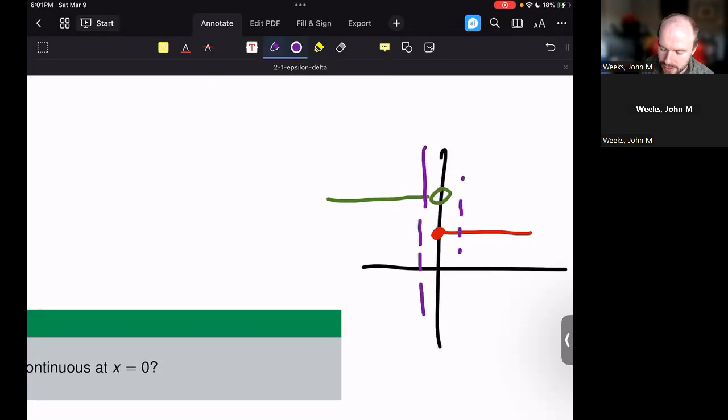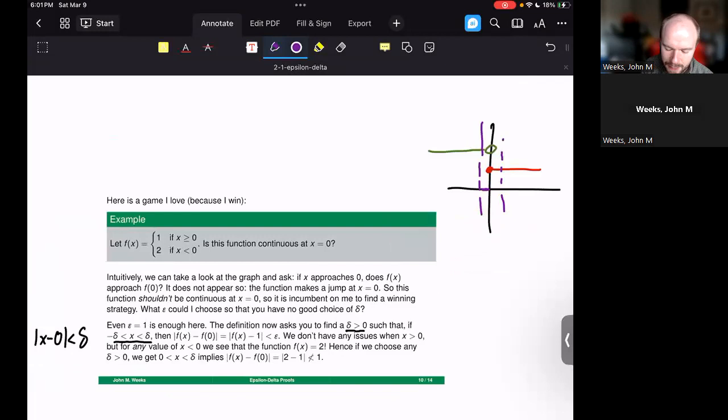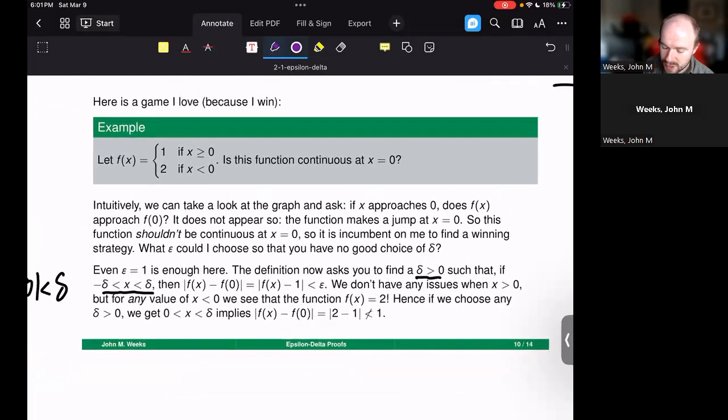Now we can start seeing where things start going wrong in our picture. This delta window that you choose can be as narrow as you want it to be. But no matter how narrow you make it, there's still going to be some room here to the left of x equals 0. And that room to the left of x equals 0 is exactly what we're going to exploit. Because we don't really have any issues when x is greater than 0, but for any value of x less than 0, the value of the function f of x, which is what we'd be plugging in for f of x here in the expression, is equal to 2.